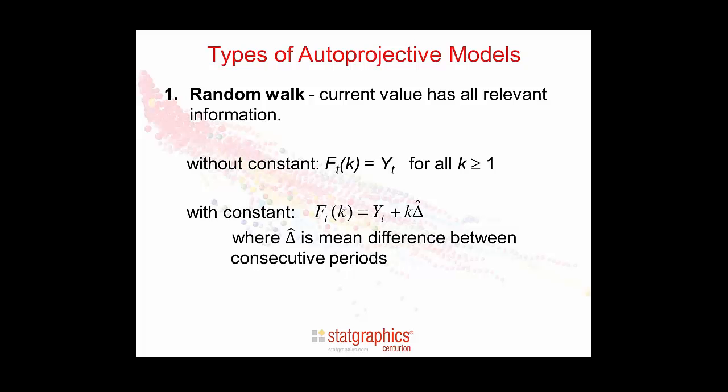Anyway, it's an interesting book. It's called A Random Walk Down Wall Street. This is one of the models that we will fit when we run our automatic forecasting procedure, and I've actually seen it select the random walk as the best model when I've fed it some stock prices.